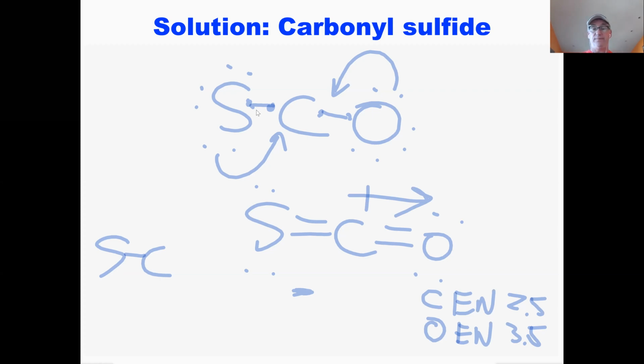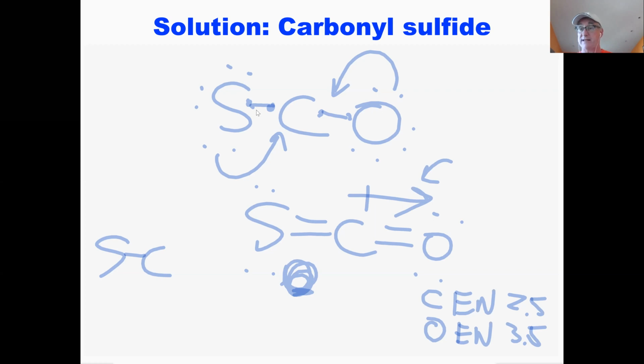So if there's no dipole here, and there is a dipole there, do I have a polar molecule or not? I mean, this is a linear molecule. It's not symmetrical though. Is it a polar molecule?